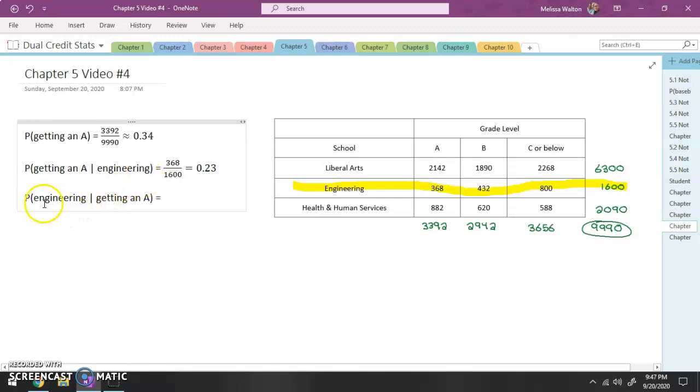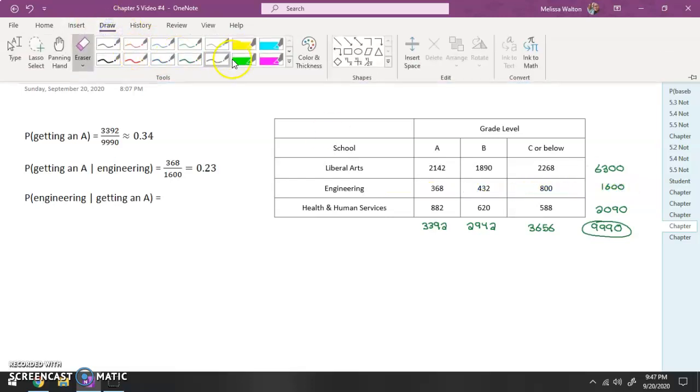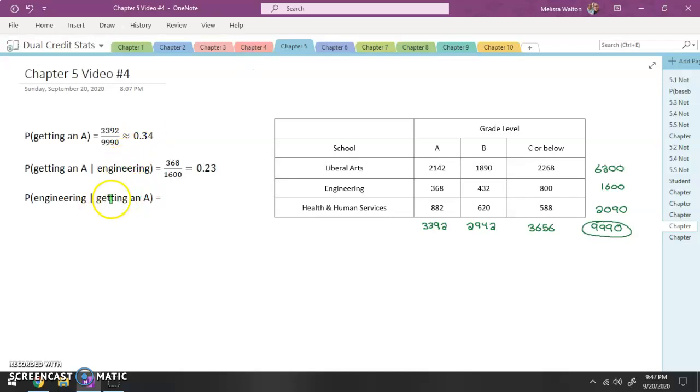What this one says, what's the probability that I'm an engineering student given that I got an A in the course? So we are no longer looking out of our engineering students. We are only looking out of, how many got an A? So I'm looking out of this column here. Pretend that that was well highlighted.